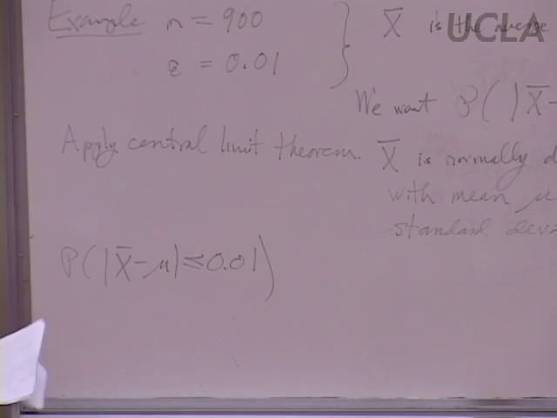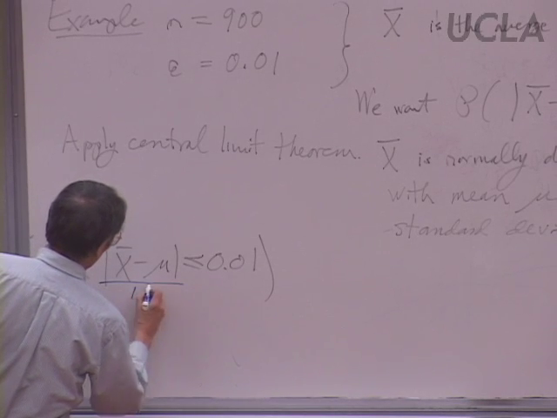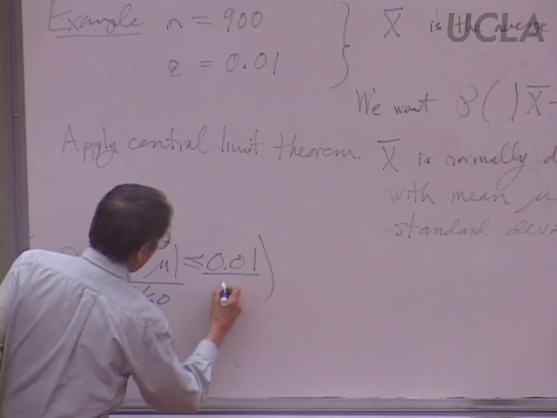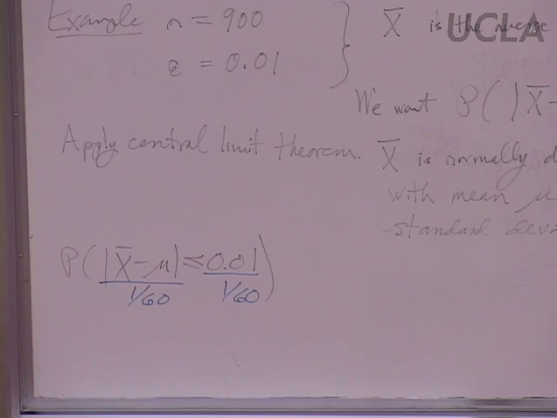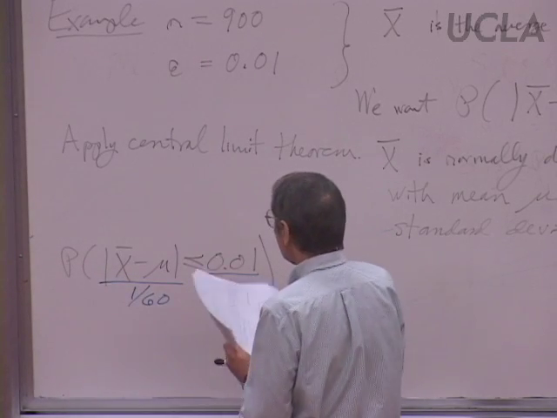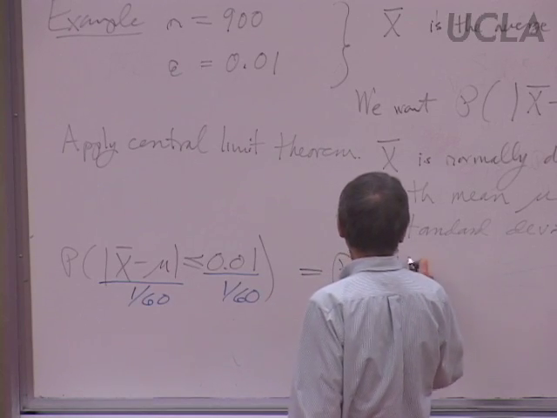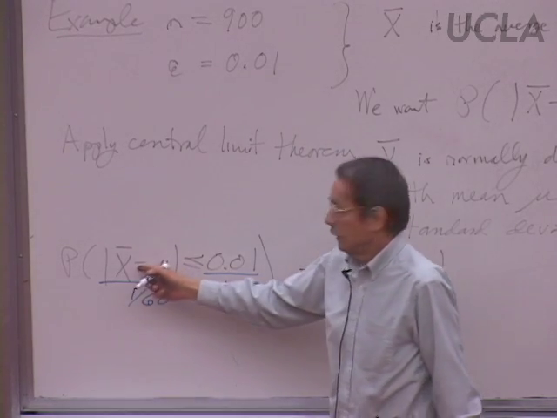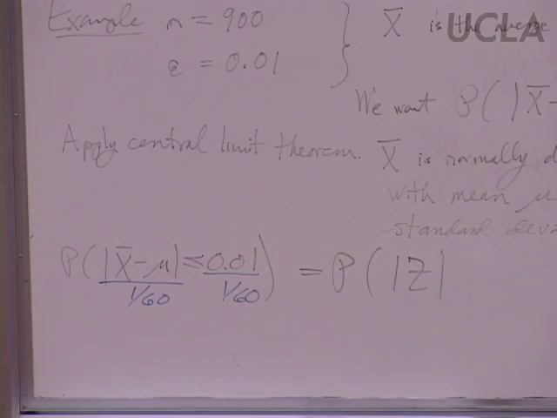What we need to do is divide by the standard deviation of x bar, which at worst is 1 over 60. It might be less than that. And the reason we've done that is that now we have a random variable, call it z, with the standard normal distribution. So we can work with that.